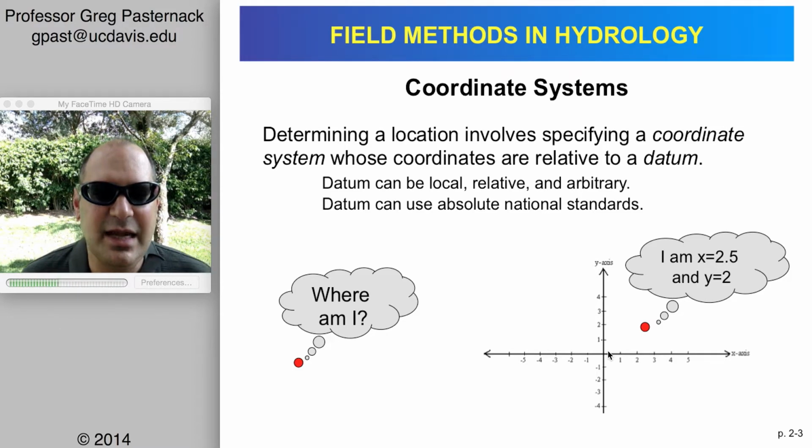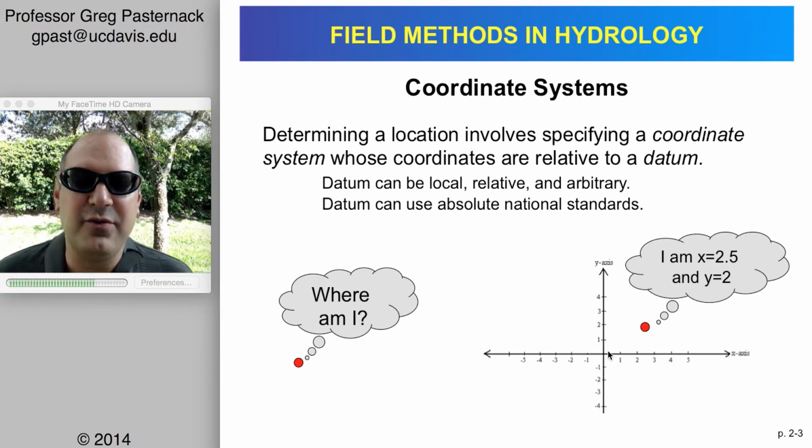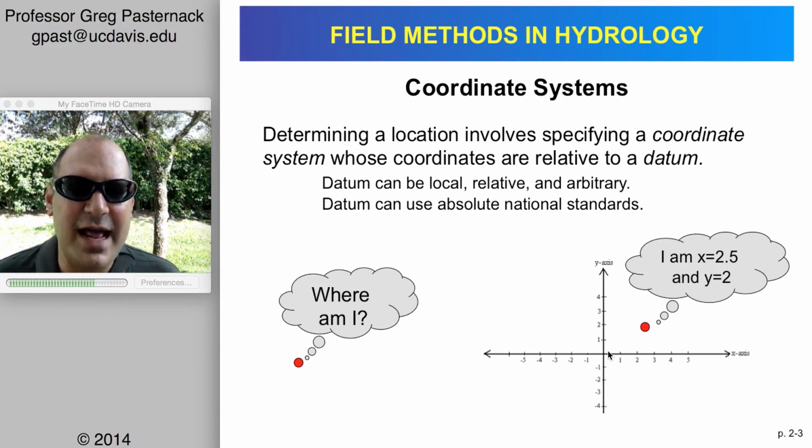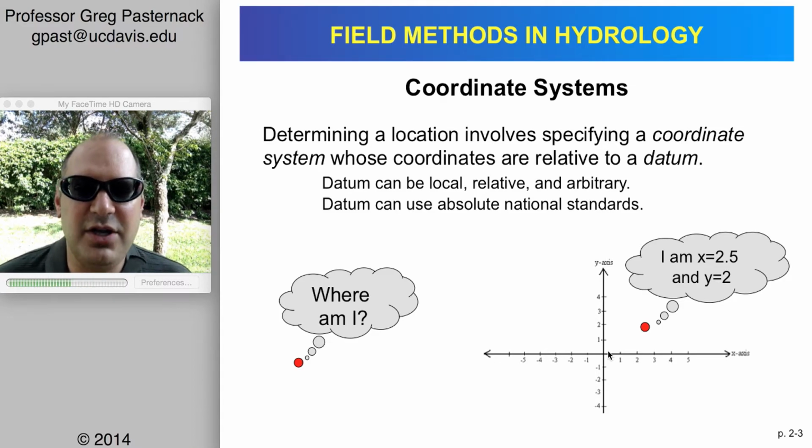So you have to pick something. Where you pick to be your datum can be arbitrary, but we all have to agree on where that is. And so here in the United States, we have the National Geodetic Survey to help establish that and coordinate to get everybody to use the same thing and keep everything up to date.